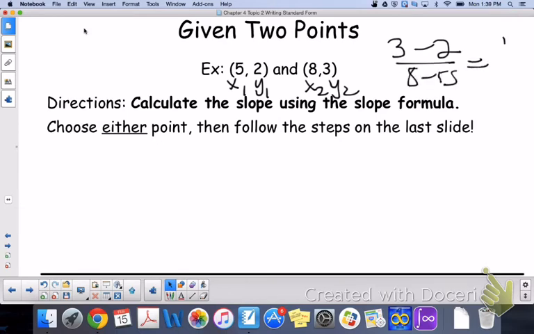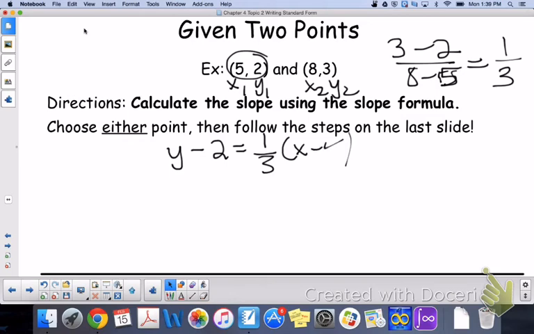That gives you 1 over 3. So 1/3 is our slope. Use either point. I'm just going to go ahead and use the first one. We're going to write it into point slope. So y minus 2 equals 1/3 times x minus 5.